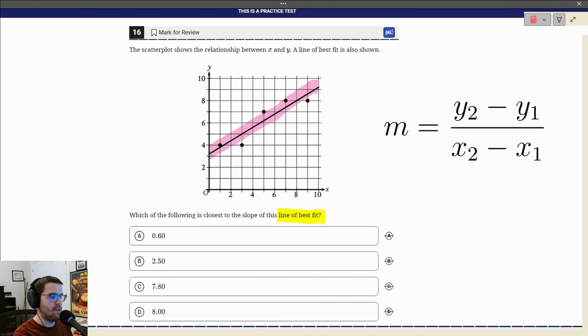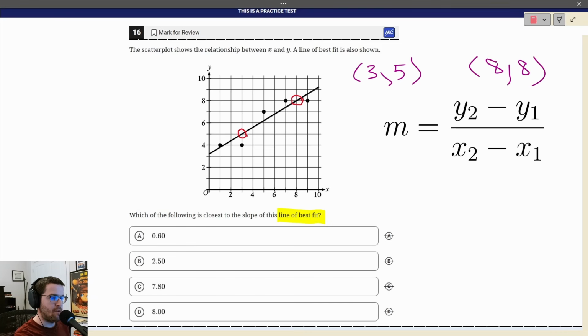Okay, so we're going to pick 2 points on that line. And I suggest you pick ones that go through corners, like grid markers, and ones that are kind of far away from each other. So I think they gave us 2 pretty much perfect ones. And I think they did that on purpose. There's one on the left side of the graph that goes through a corner, and one on the right side of the graph that goes through a corner. So I think that first one is 3, 5. And that second one is 8, 8.